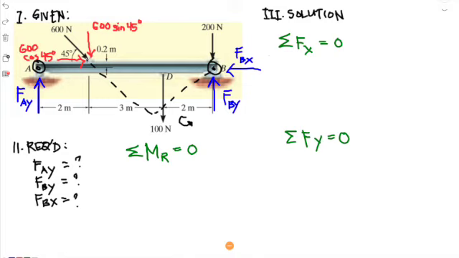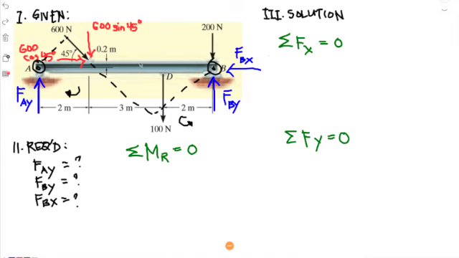Okay, so 600 newtons, if we take this perpendicular distance here, will turn it counterclockwise. 100 newtons will turn it counterclockwise as well. 200 newtons will turn it clockwise. So FBY should turn it counterclockwise. So we can say that the assumption for FBY is already correct.